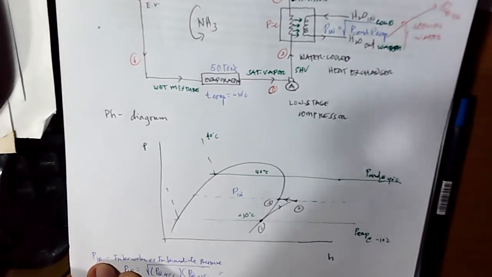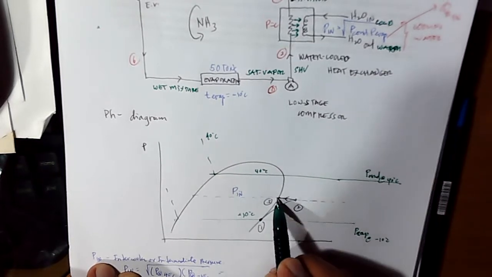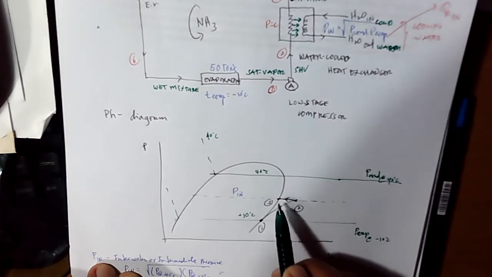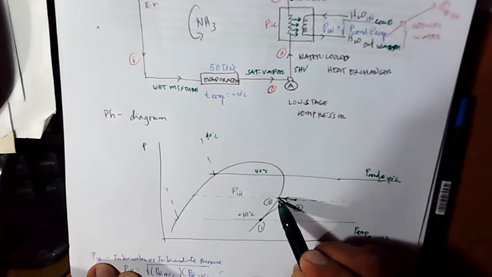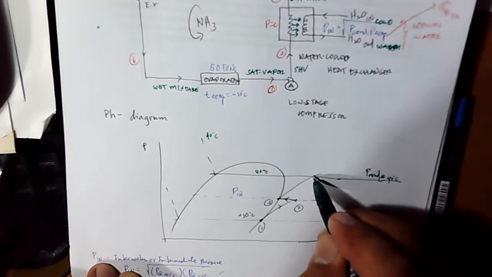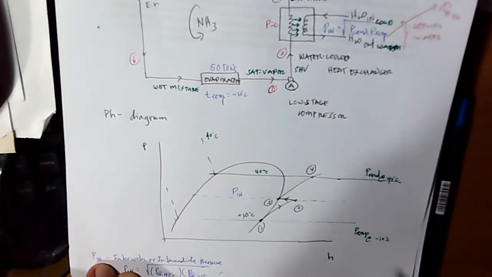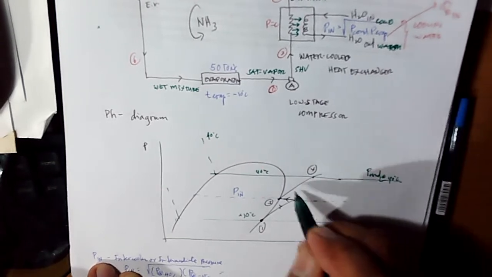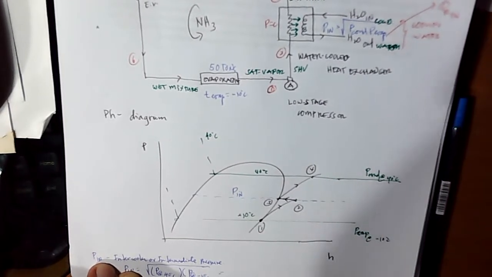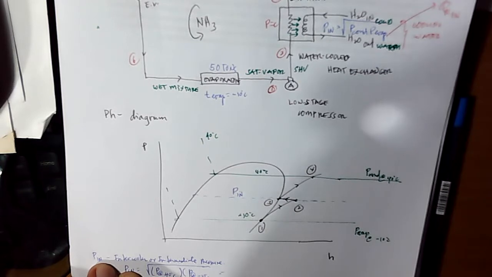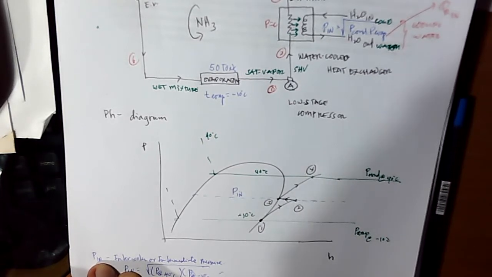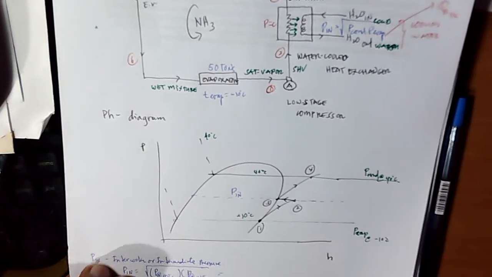So upon entering the high stage compressor, the condition of refrigerant is once again saturated vapor at point 3, and then you compress it once again to point 4 by an isentropic, or constant entropy, process in your compressor.